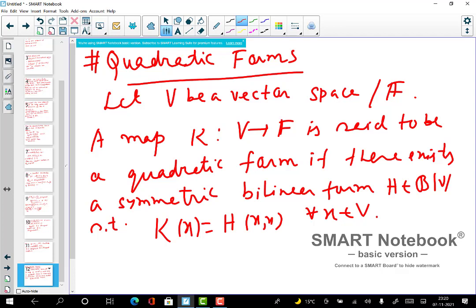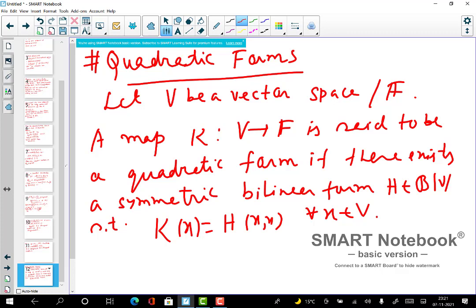So quadratic forms are a kind of evaluation of a symmetric bilinear form. That means quadratic forms are actually determined by the symmetric bilinear forms.